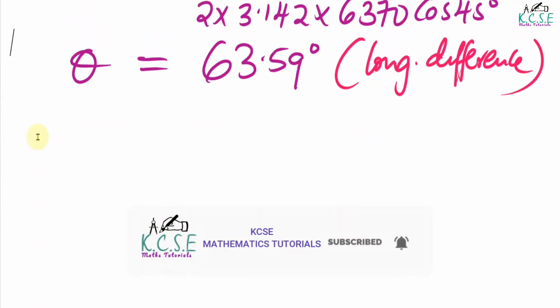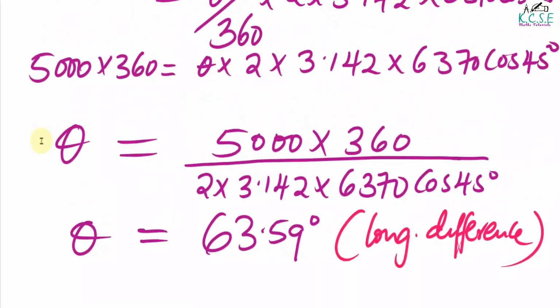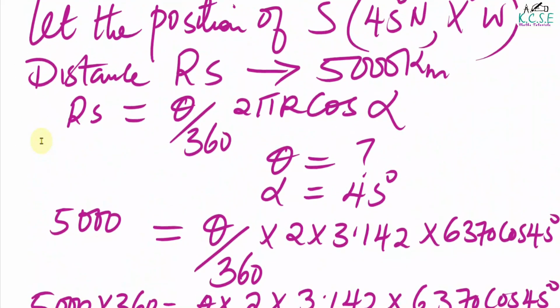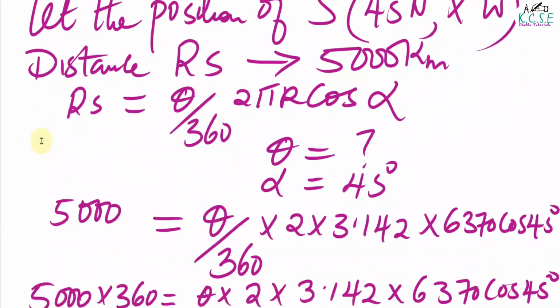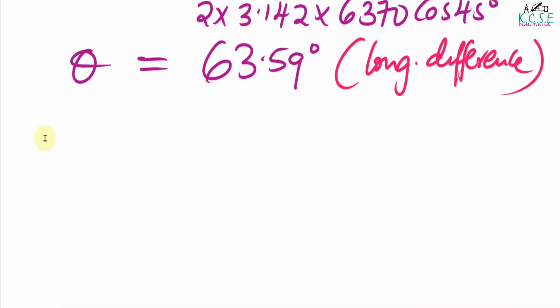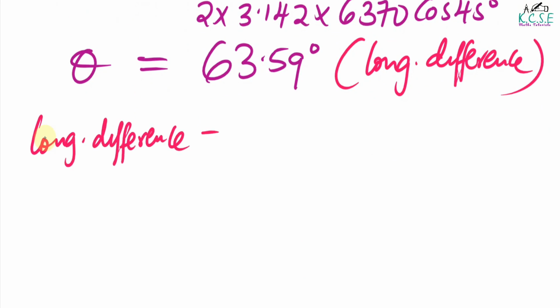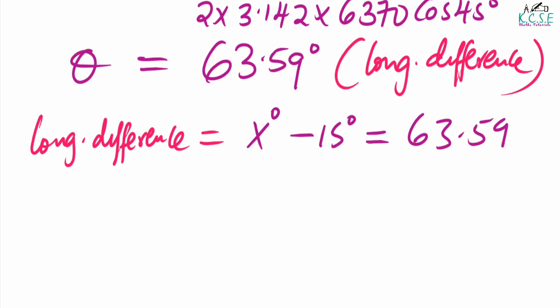So the longitude of S, which is x degrees, minus the longitude of R, which we know is 15 degrees west, should give us 63.59 degrees.